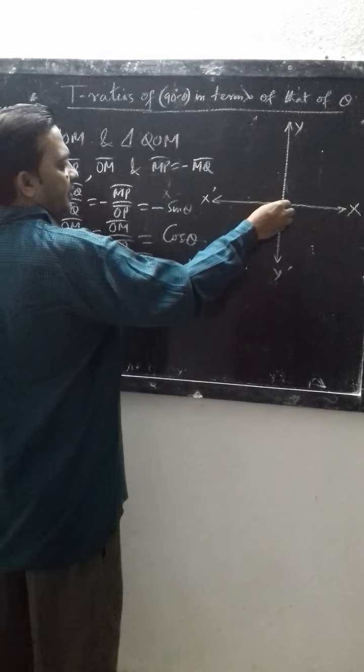So two triangles POM and QON are congruent.